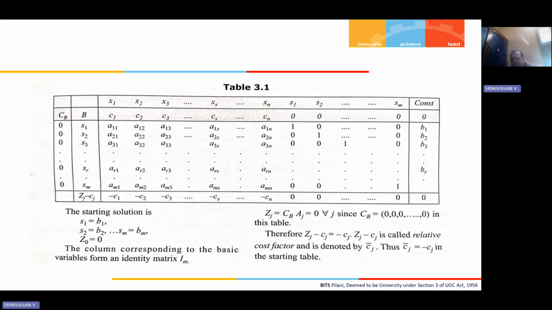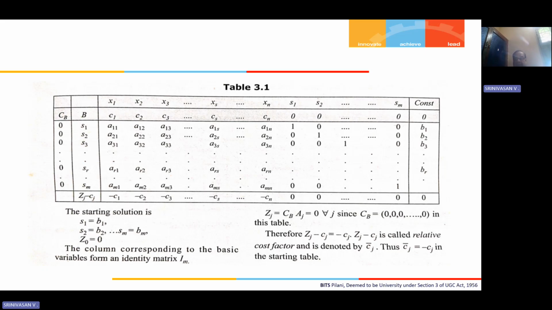You can denote it by Cj bar just to have a simple, single notation instead of writing Zj minus Cj. But I would suggest you write Zj minus Cj itself as it is, because that is available readily in your table. Only when you write Zj minus Cj in this fashion will you be able to do the calculation. If at all you want to rewrite it, we can just put Cj bar.